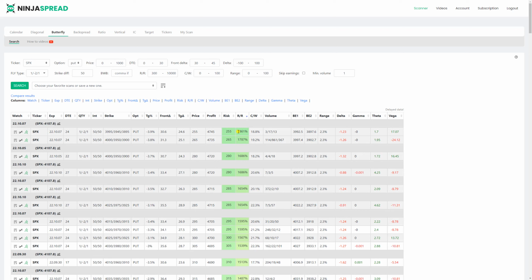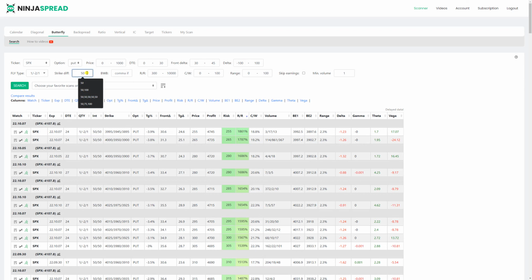The highest is 1861%, and the target percentage difference, which is the target price of the butterflies, is 3.9% away. The target price in a butterfly is always the short strikes of the butterfly. As you can see, these butterflies have 50 points differences between the legs as we defined it here.